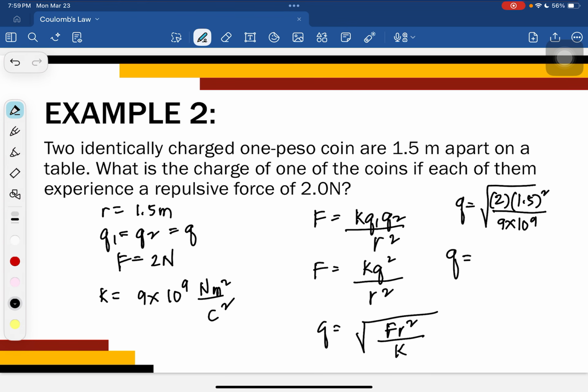You can solve it using your calculators. I got 22.36 times 10 to the negative 6 coulomb. This is also equal to the value of Q1. This is also equal to the value of Q2. So this is my answer.